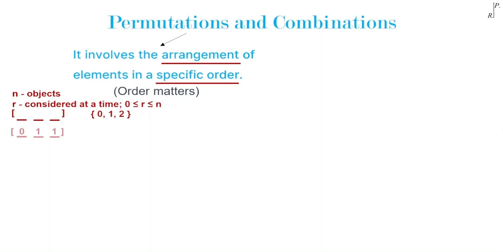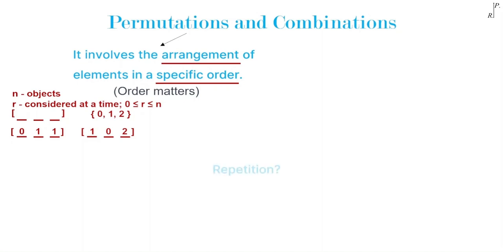For example, 0, 1, 1, or 1, 0, 2. Here, we are seeing that even for the same digits, if their positions vary, that will lead to different lock patterns. That means the order matters here.